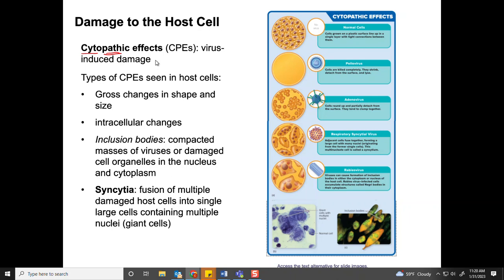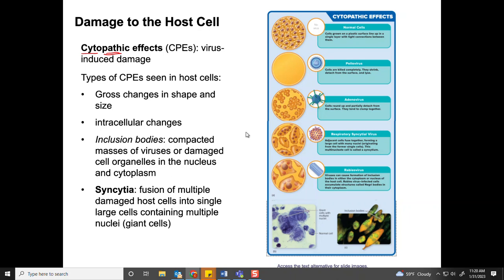Sometimes cells can have a very influential impact in their shape and size. They can have intracellular changes, which means they can have changes that occur in between the cells that make interactions occur differently.